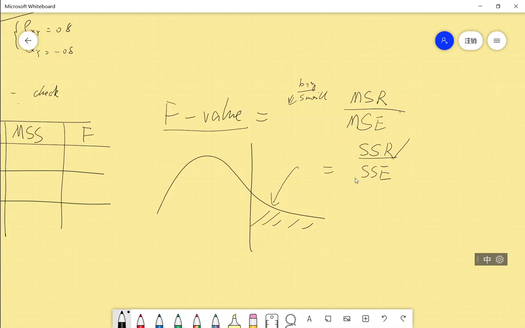If you have k variables, we divide by k. And when it comes to the residual, which is what is left, if the total degree of freedom is n, we subtract k, because we already used k at regression, and of course we subtract 1. That's how we get MSE. That's pretty much how it is done. Once you have that, you have the F value, and the F value is the test statistic.